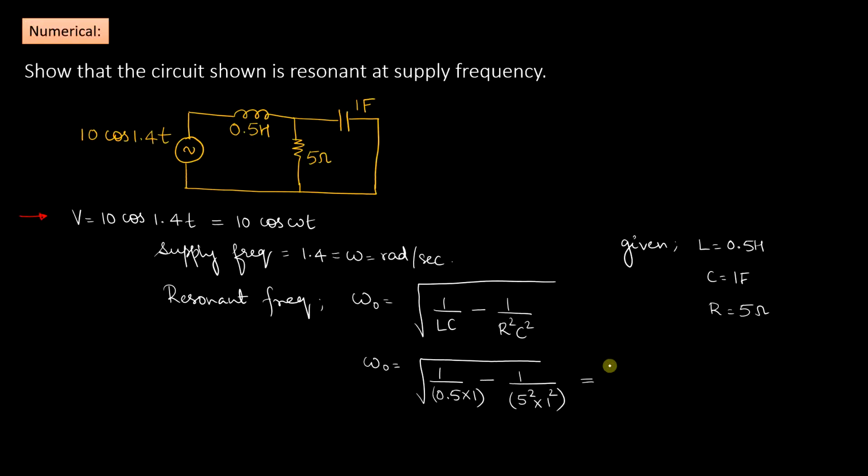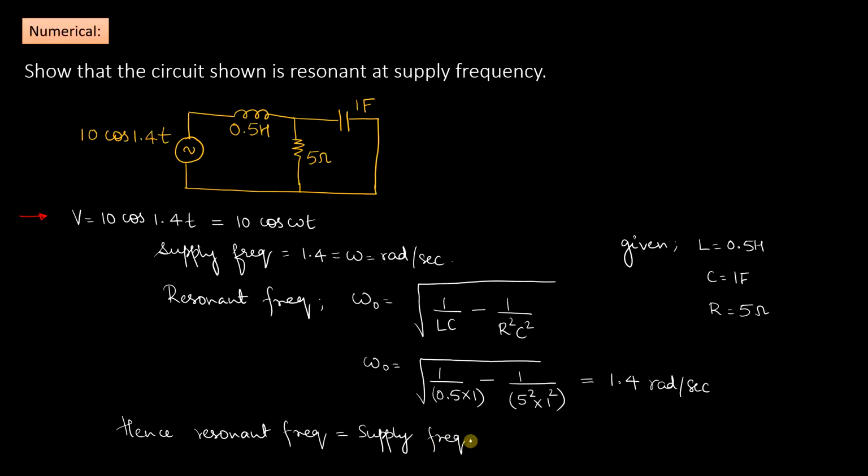You get the result as 1.4, and since this is in terms of angular frequency, this is 1.4 radians per second. And clearly you can see, hence, the resonant frequency obtained mathematically is equal to the supply frequency.